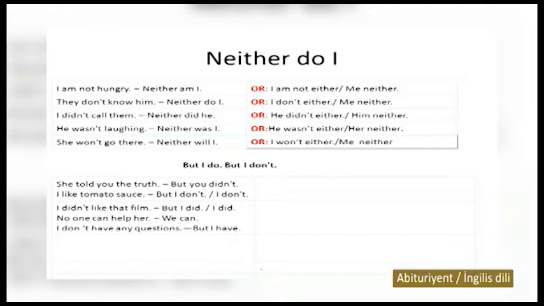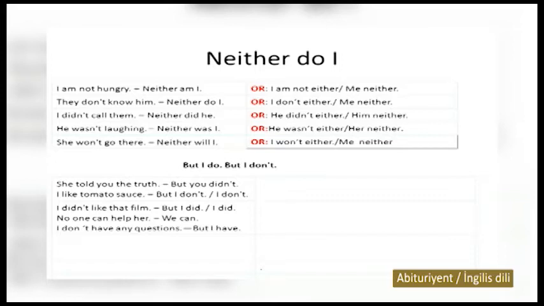I didn't call them, it is in the past. You say, neither did he, neither did I, neither did they, neither did Lucy, neither did Mark, or he didn't call them either, or him neither. If we use object form of the personal pronoun, it comes at the beginning and after it we use neither.